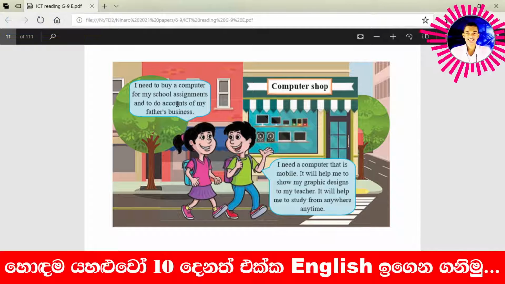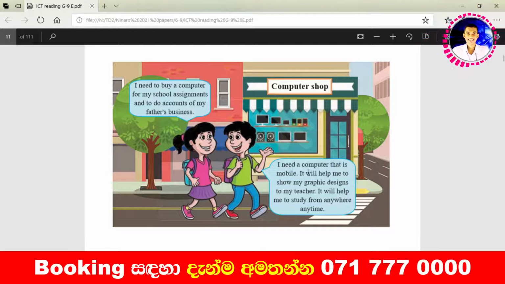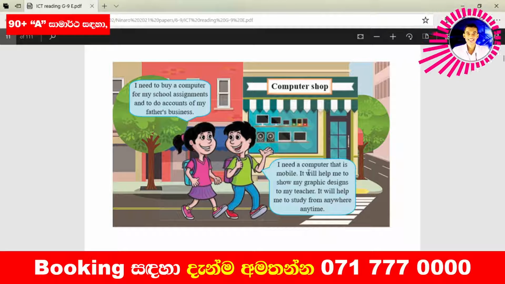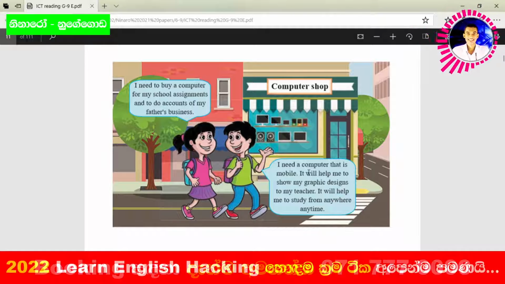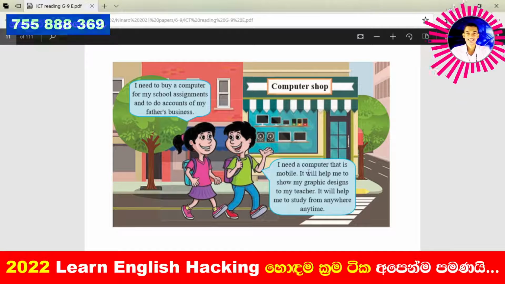She has not mentioned any mobile-based requirement, but the boy is going to buy a computer for mobile-based requirements. He wants to show his assignments to the teacher as well. He wants to work from anywhere.